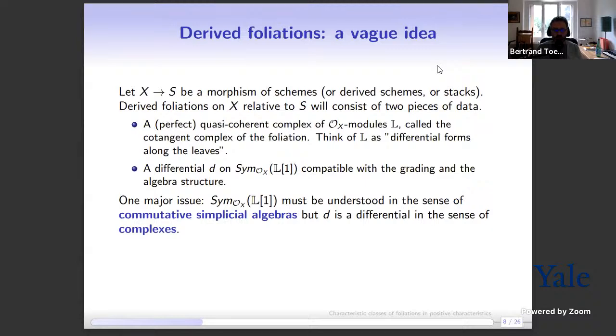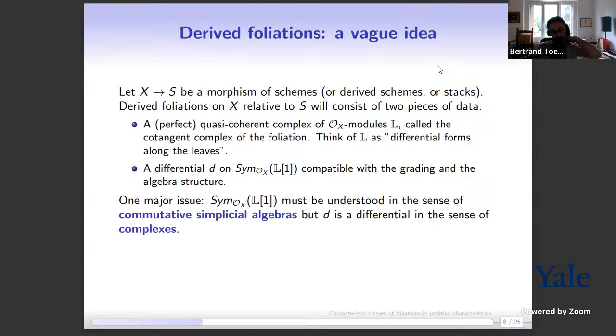So when you try to say what is the compatibility between D and the algebra structure, it gets quite complicated. In characteristic 0, you can resolve all of this just by using commutative DG algebras, and then D is just a multiplicative differential. But in the simplicial setting, it's a complicated story. So that's what I'm going to explain now.